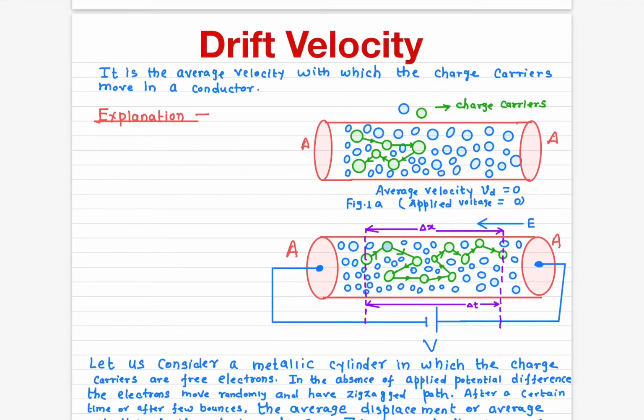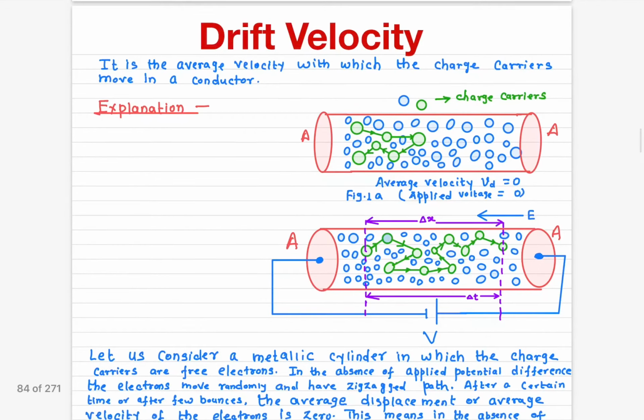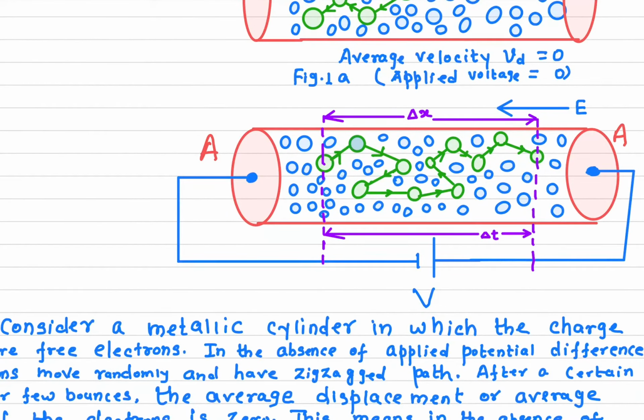All the time the velocity changes. It changes in magnitude, because the direction is changing all the time, and the speed is also changing whenever it hits another electron. The direction and the magnitude change. That's the reason we define the average velocity. So with this potential difference, there is a net effective average velocity with which the charge carriers move in a preferred direction, or in the direction in which the potential difference is applied.